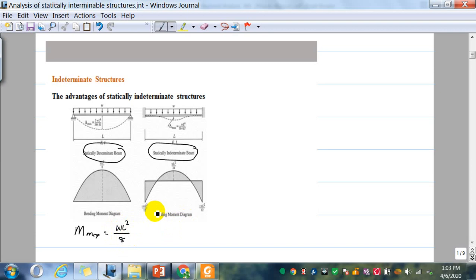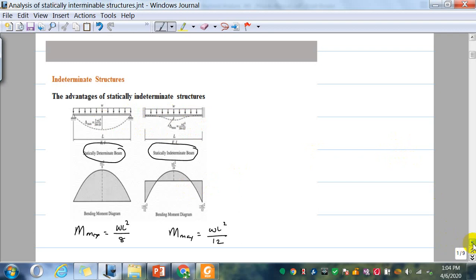But here, the maximum bending moment, which is at the support, is WL squared over 12. So this one has a lesser moment than the other, with the same loading. The only difference is that the support conditions changed and converted this to statically indeterminate.